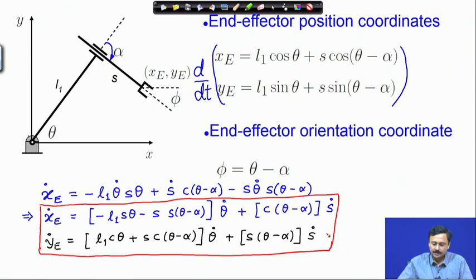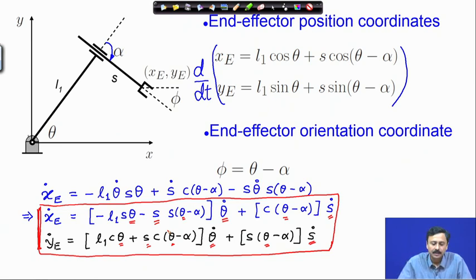As you can see, these velocity relations are linear in terms of the joint velocities. The joint velocities involve theta dot and s dot, and the end effector velocities are x e dot and y e dot. These relations involve the configuration, as you can see, theta and s sitting in these relations.